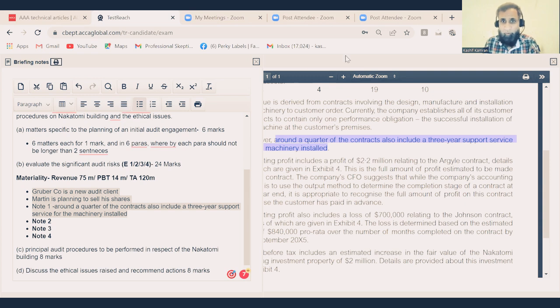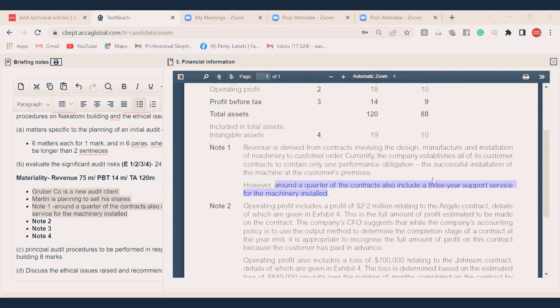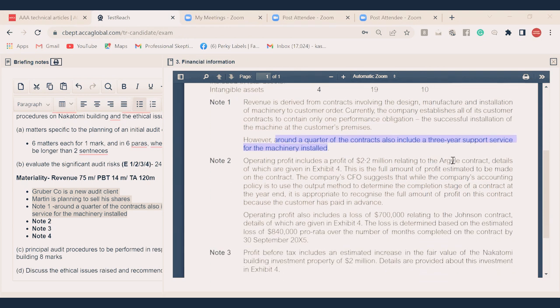Moving towards the note number 2, operating profit. Operating profit includes a profit of 2.2 million relating to the Argyle contract, details of which are given in Exhibit 4.